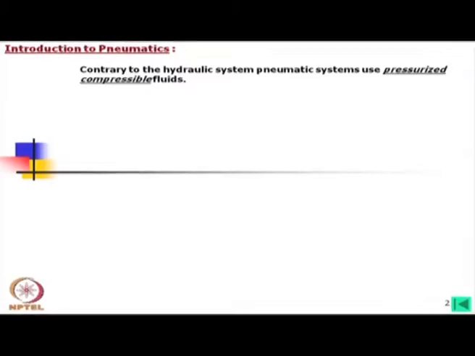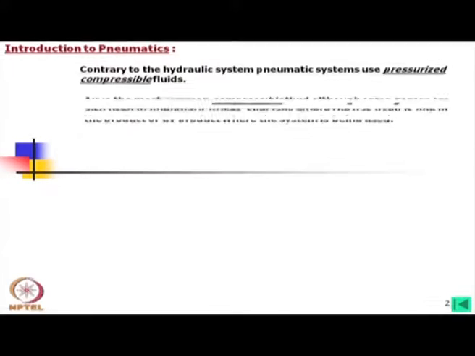But for small power applications, tools and others, you will find this pneumatic system very useful, and air is free of cost. You are getting it free of cost. The only thing is you have to prepare the air for utilizing in a system.